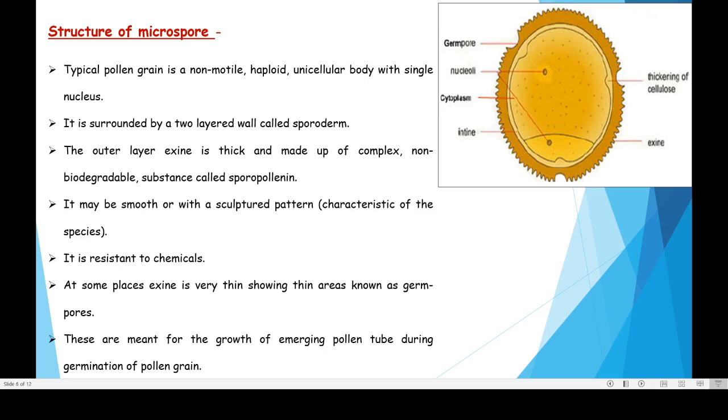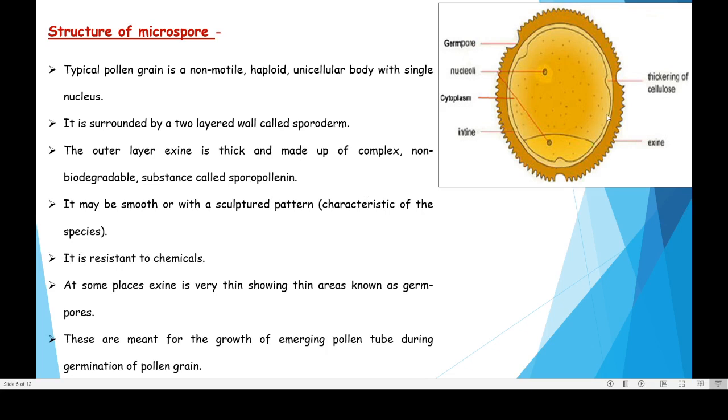This pollen grain or microspore has two layers. Here you can see two layers are present. The outer wall is the exine, and this exine is made up of a substance called sporopollenin. Inner to this exine, you will find the presence of intine.